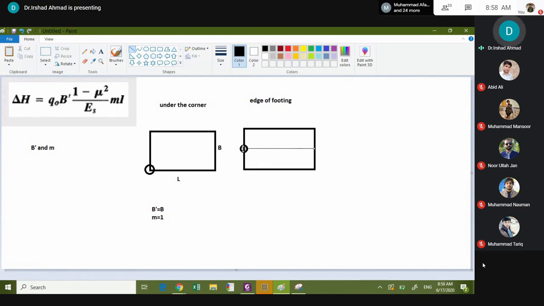That would automatically give you settlement at the edge, because settlement at this point is contributed by the corner of the first rectangle and the corner of the second rectangle.